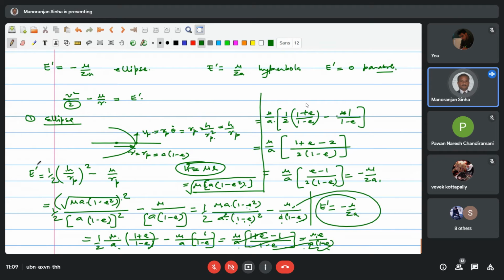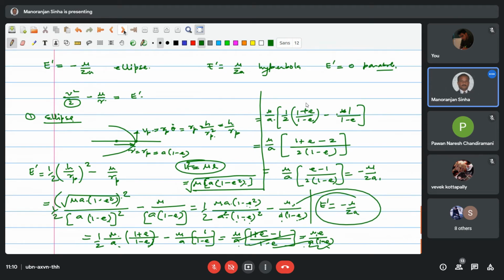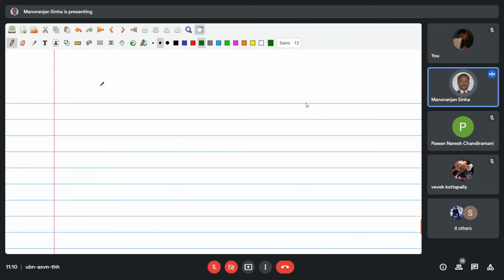This particular equation we have used here can also be used for finding the escape velocity, as you have done in your physics. V square by 2 minus mu by r equal to E prime at the initial point, and this is V square by 2 minus mu by r at the final point.